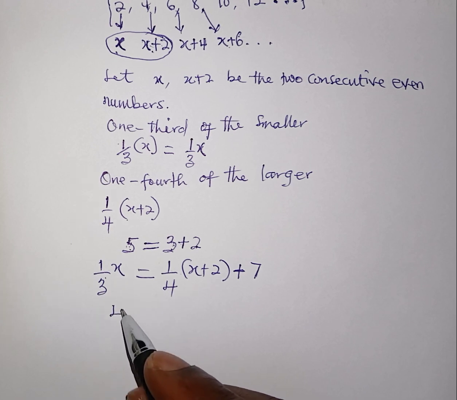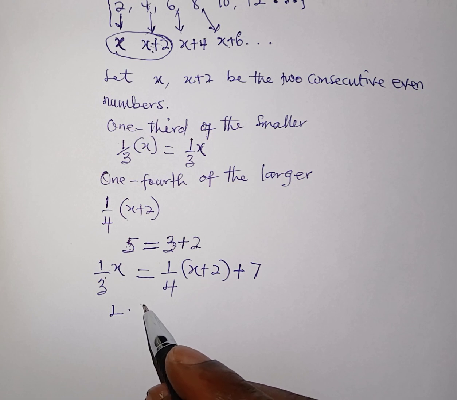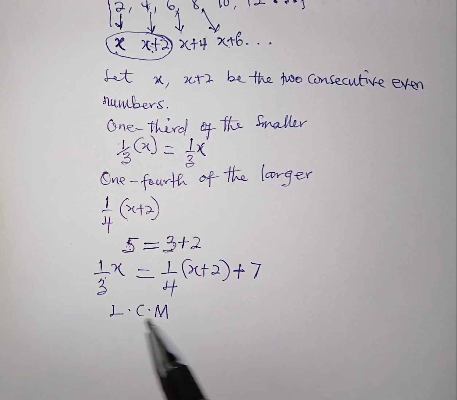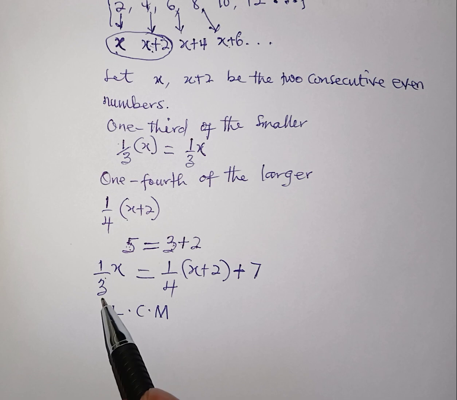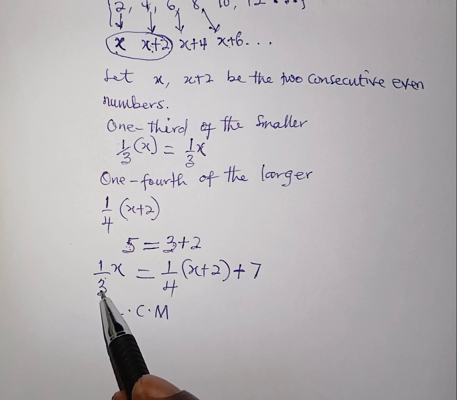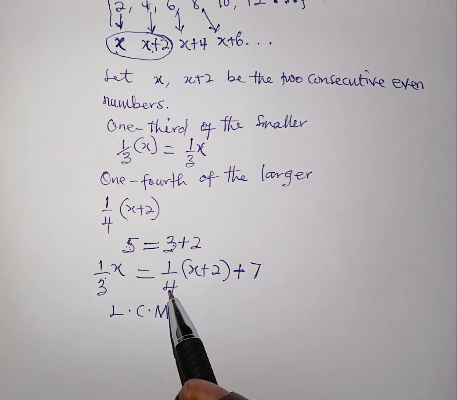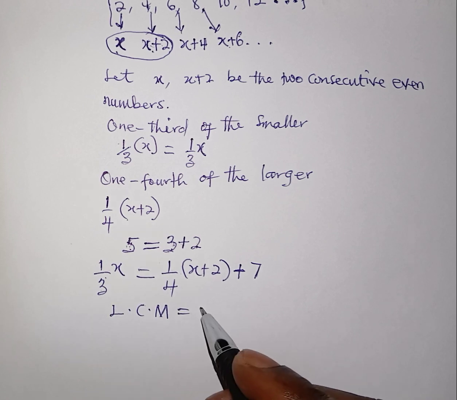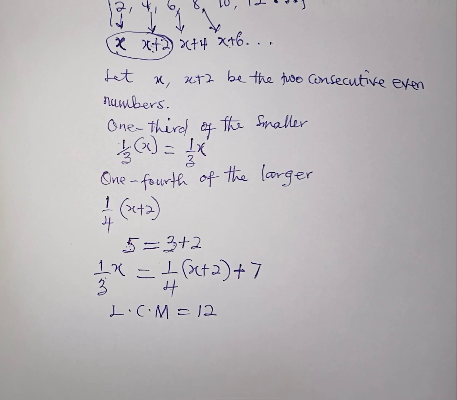So what will be my LCM? The least common multiple of 3 and 4. If you think about it, we get 12 as our LCM. Good.